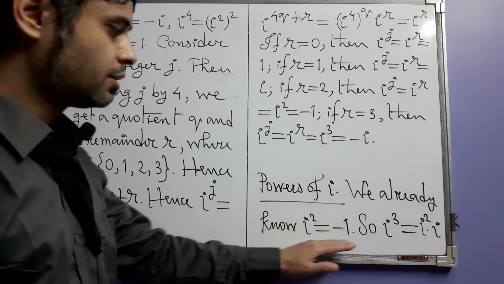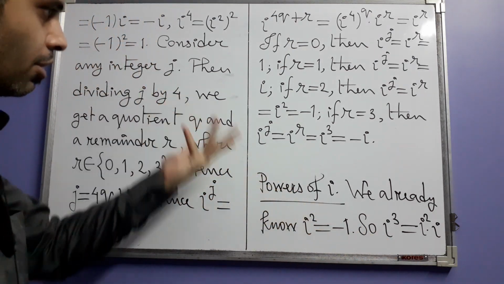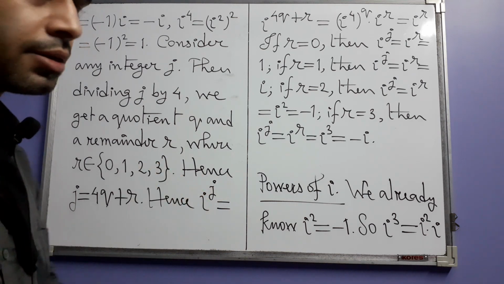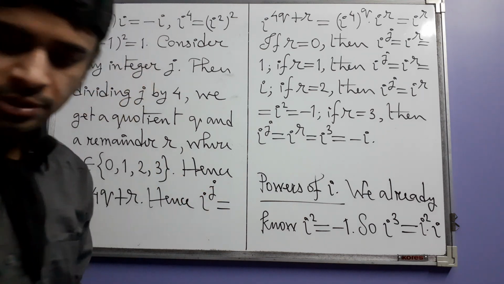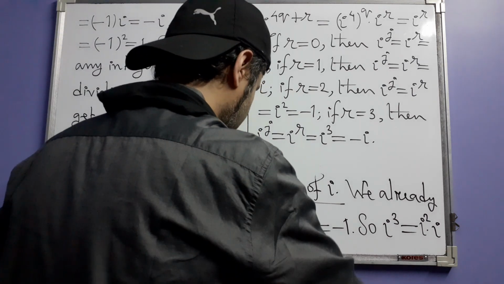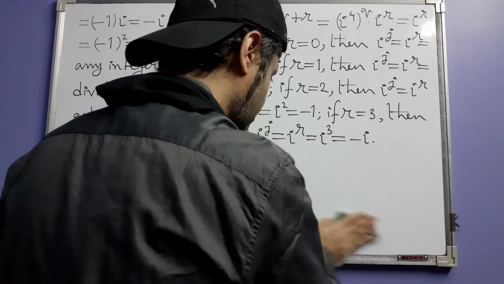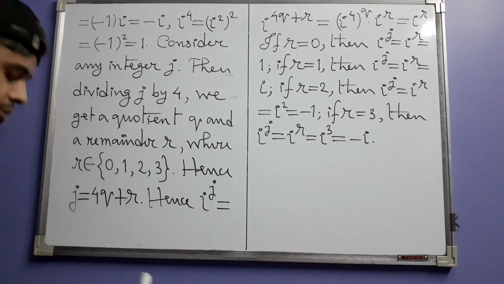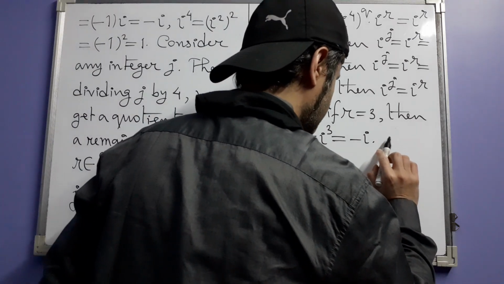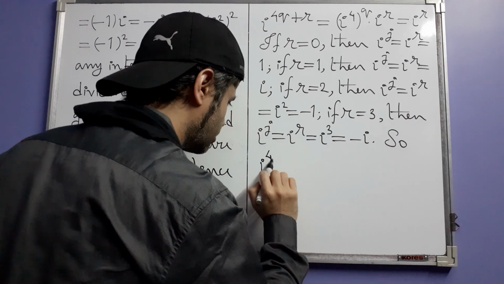Just by calculating 4 powers of i, you have essentially calculated all powers of i, where the exponent j is some integer. If you want to see a concrete case where in place of j you have an actual integer, you can consider this. For example, say i to the power 42.